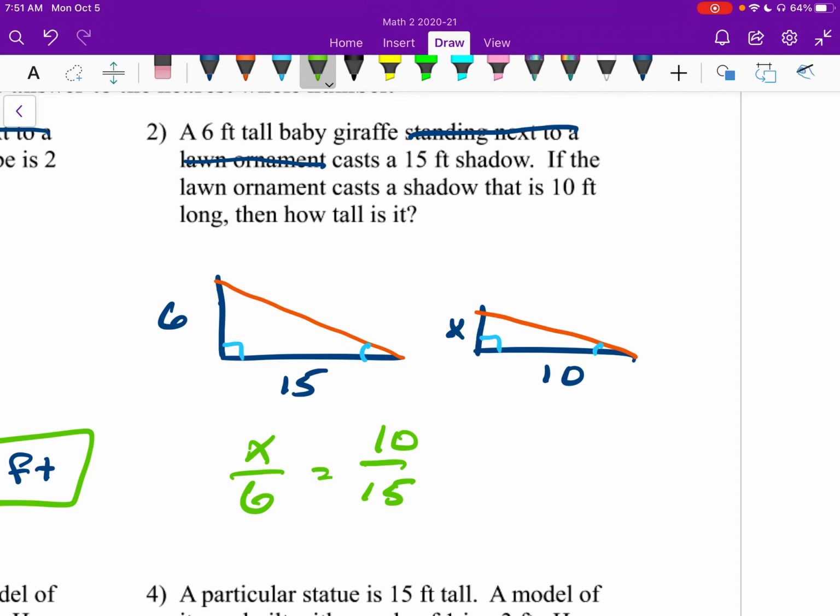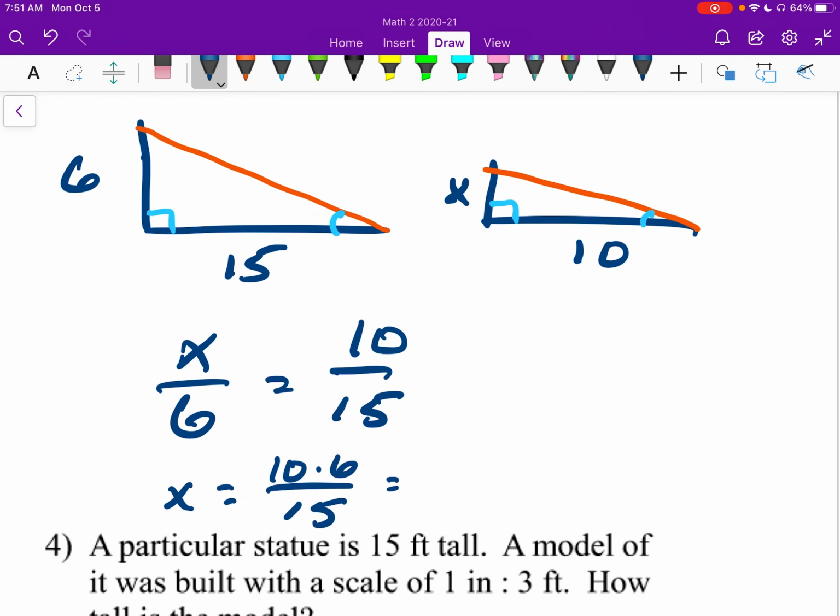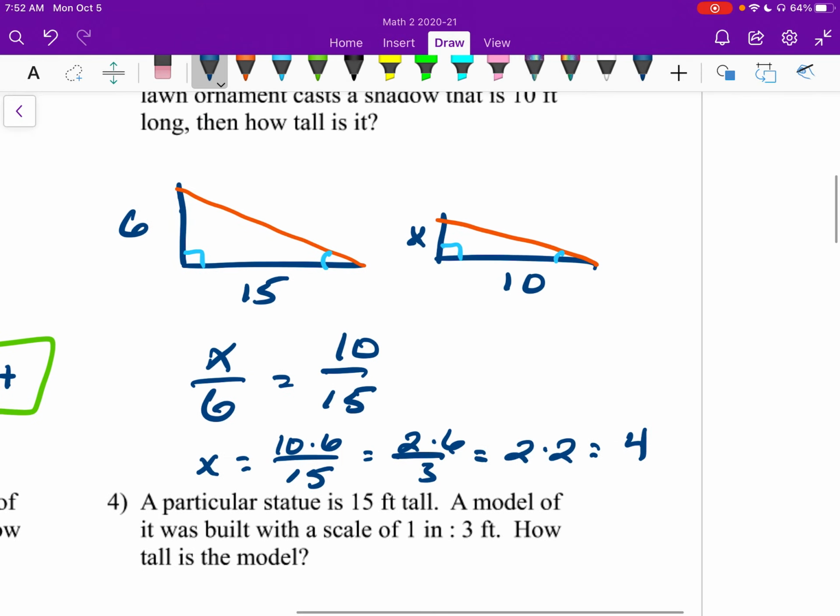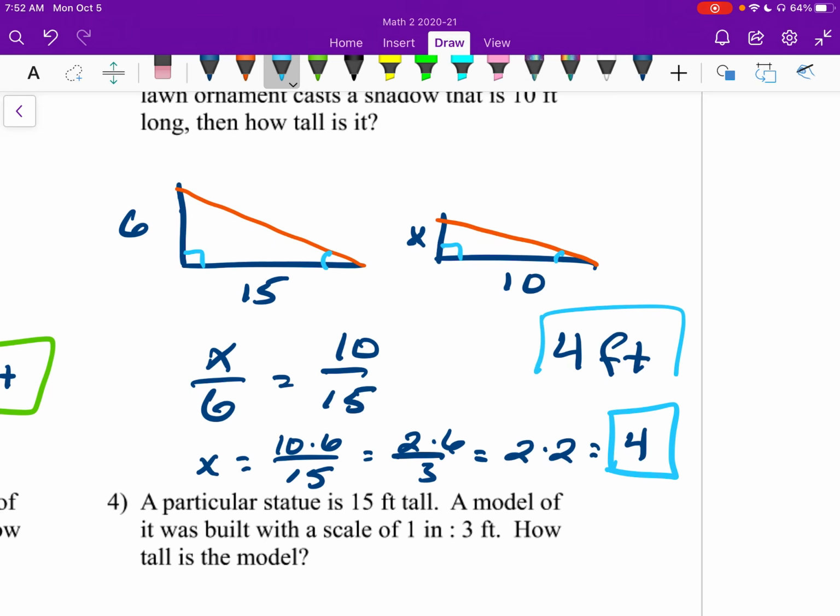So to solve this, I'm going to multiply by 6, and I'm going to get x equals 10 times 6 over 15, which is the same thing as 10 over 15 is 2 over 3 times 6. The 6 and the 3 can reduce to 2 times 2, which is 4. So I guess I should say 4 foot. There we are.